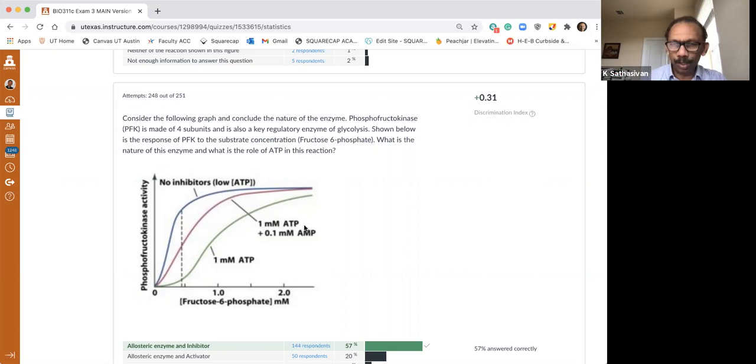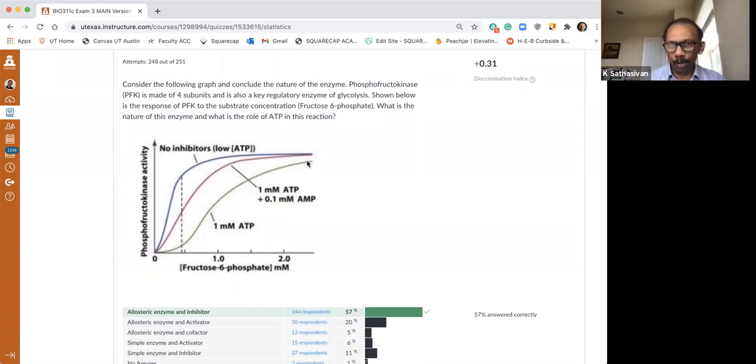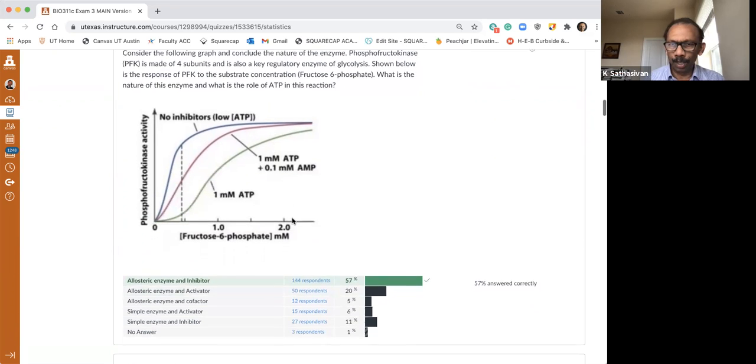And this is just ATP and some AMP. ATP is more, and then there's some amount of AMP that is kind of a slow, but 1 millimolar ATP slows down, acting like an allosteric enzyme. So this is the main thing you want to look at: the sigmoidal shape of this is what indicates it's an allosteric enzyme.